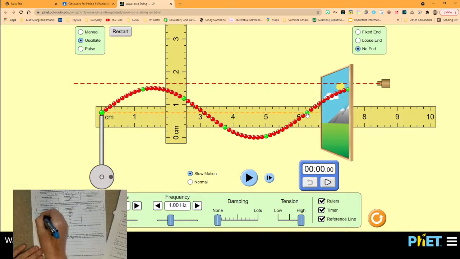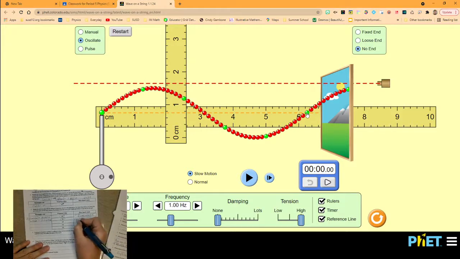But I need to convert that to meters. 6.25 centimeters equals 0.0625 meters. And then calculate the velocity of the wave. You can do that part on your own using your calculator. I've already showed you how. Okay, you're ready to move on.